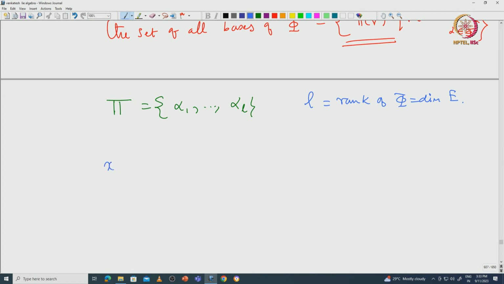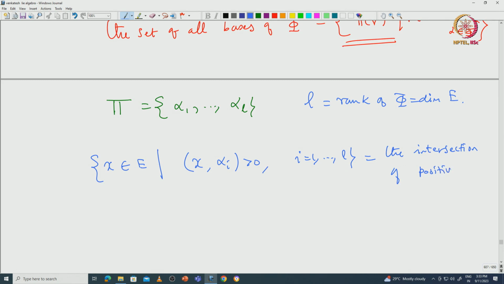You take the subset of E which is the collection of all x such that the inner product of x and alpha i is positive for all i from 1 to L. So this is the intersection of all these positive open half spaces associated with elements of pi.